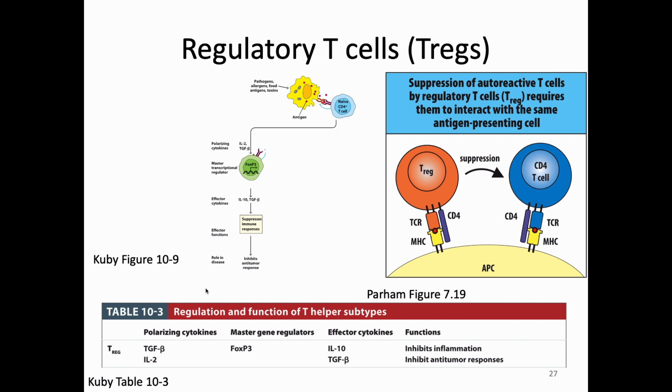And then those regulatory T cells make a cytokine called IL-10, which is the effector cytokine. The general function of regulatory T cells is to inhibit the activation of, or turn off, other cell types.